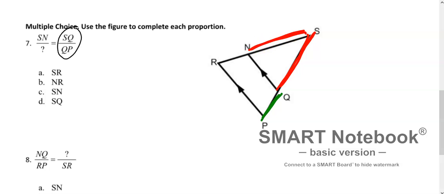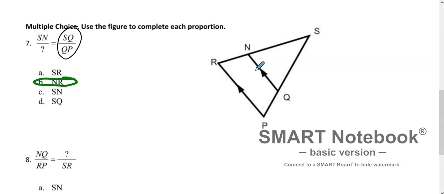SN and NR. So now I look, it says, what corresponds to SN? That would be NR. Okay? I'm going to erase that and come back to it for the next one.